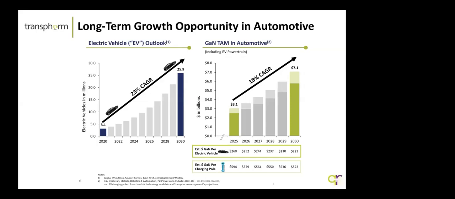Now, as we look at the areas that GaN can play, including the EV powertrain starting approximately in the year 2025 and beyond, as well as the charging pole, as we drive to higher voltages with our gallium nitride technology, we see a nice CAGR of close to 20% in this market. So a lot of opportunity in the second half of 2020 for gallium nitride in the EV market, whether it's supporting infrastructure or within the vehicle itself.